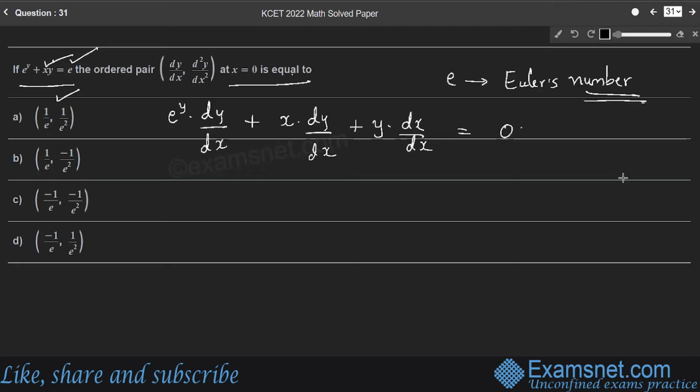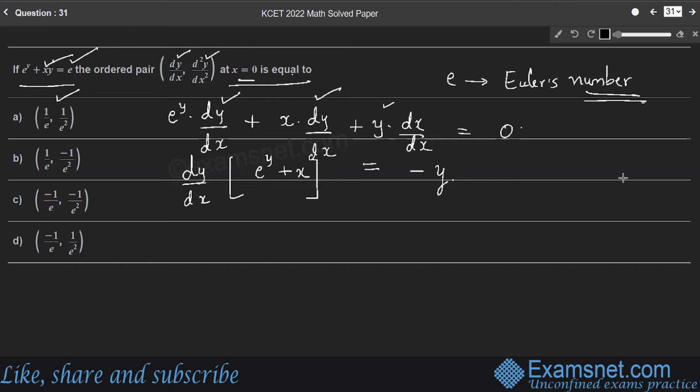Therefore, we take dy by dx common in the first two terms: dy by dx into e raised to y plus x, and the last term is plus y. We take this y to the RHS, it becomes minus y. Right? So here we need the value of dy by dx and d square y by dx square.